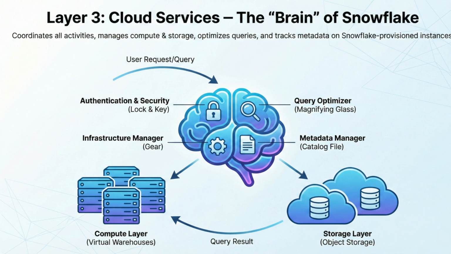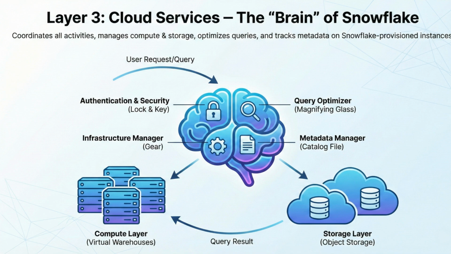Next, the query optimizer analyzes the SQL query and creates the most efficient execution plan. The metadata manager plays a very important role here. It stores information about tables, columns, micro-partitions, statistics, and file locations without scanning actual data.